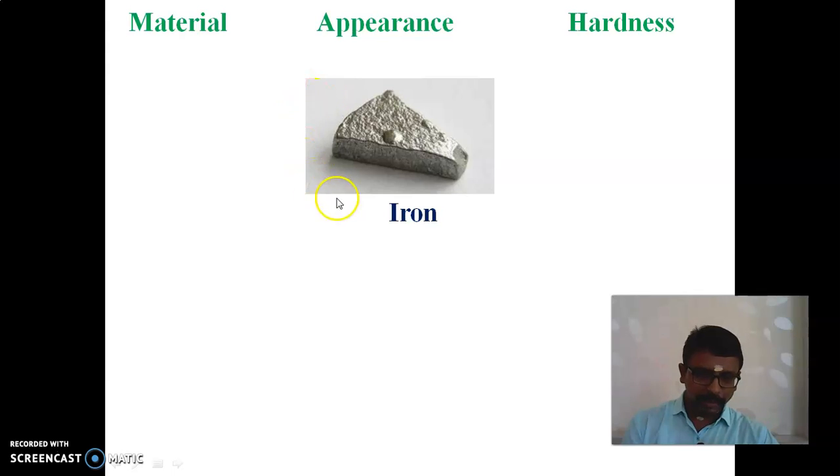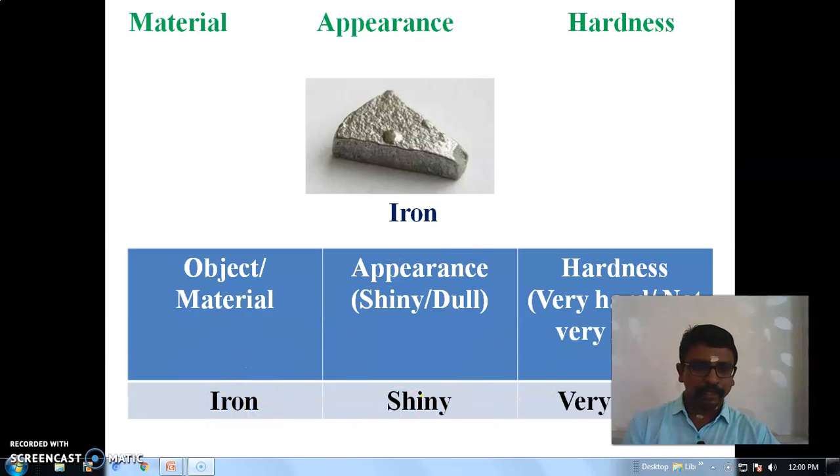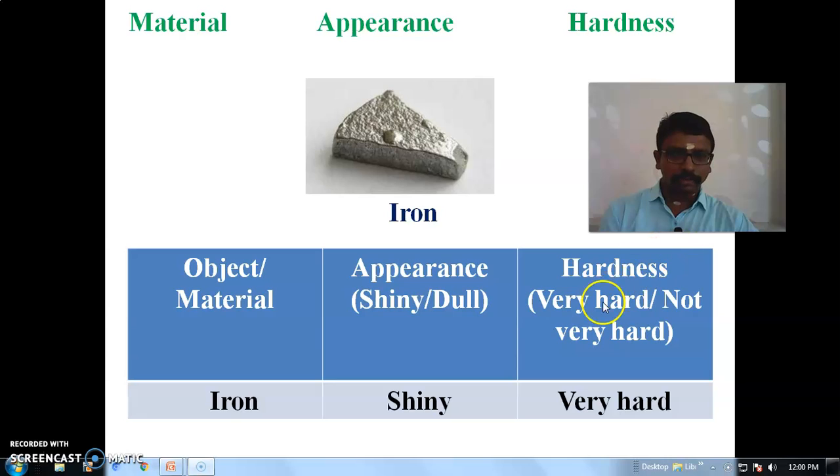Yes, it is shiny. So shiny means it's lustrous. And hardness, is the iron very hard or not very hard? Yes, it's very hard. So we can conclude, for the object iron, the appearance is shiny, and the hardness is very hard.